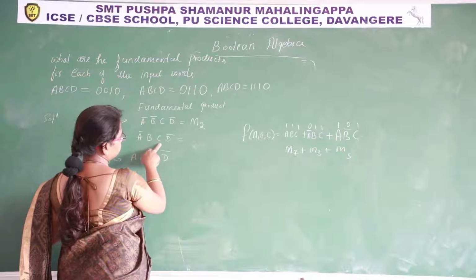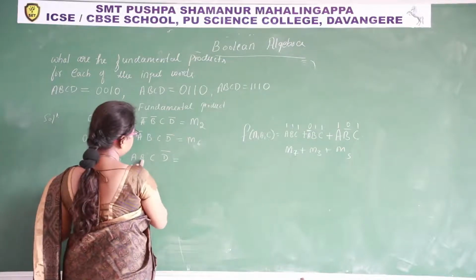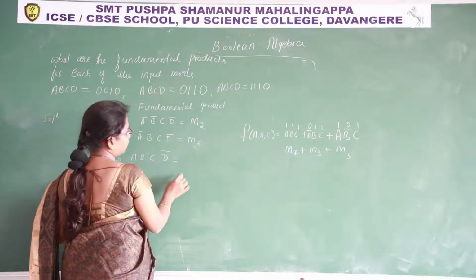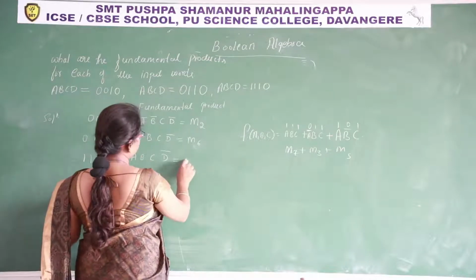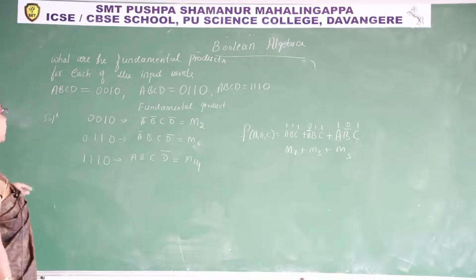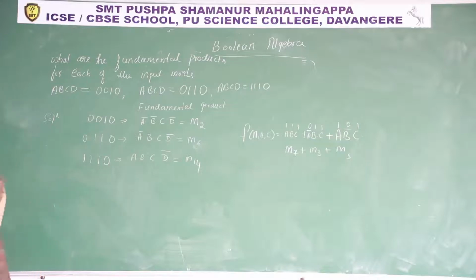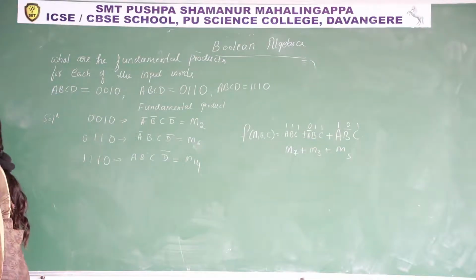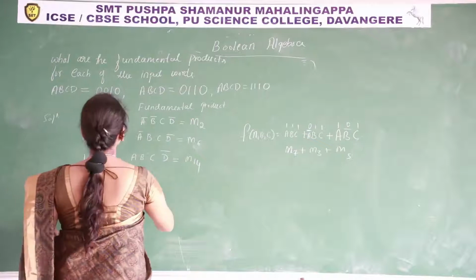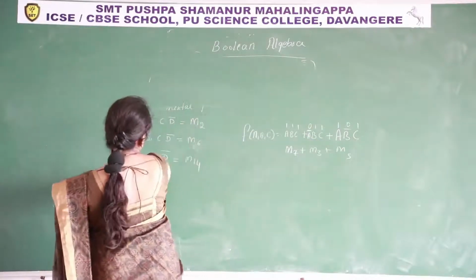Here 4 and 2, M6. This is 8 plus 4 is 12, 12 plus 2 is 14, M14. Understood? In this way you have to write the fundamental products. The sum of these fundamental products becomes SOP, the sum of product expression.